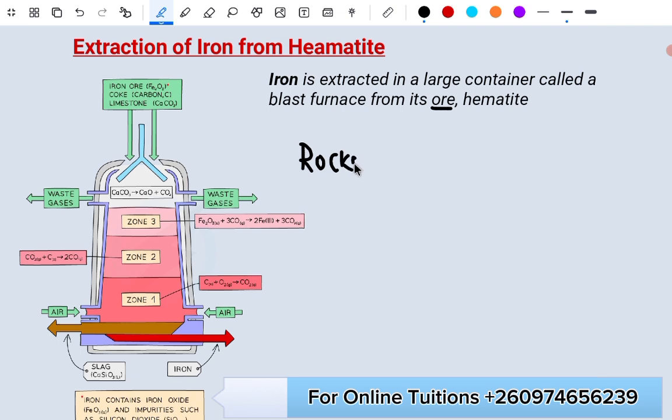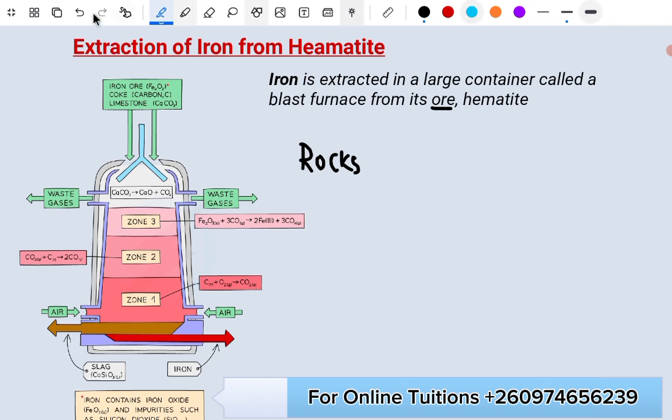So now how do we get the iron from this rock called hematite? Now there are other types of ores where iron comes from, for example magnetite and siderite. Those are also common types of iron ores, but the most common one that we'll discuss here under O level is hematite.